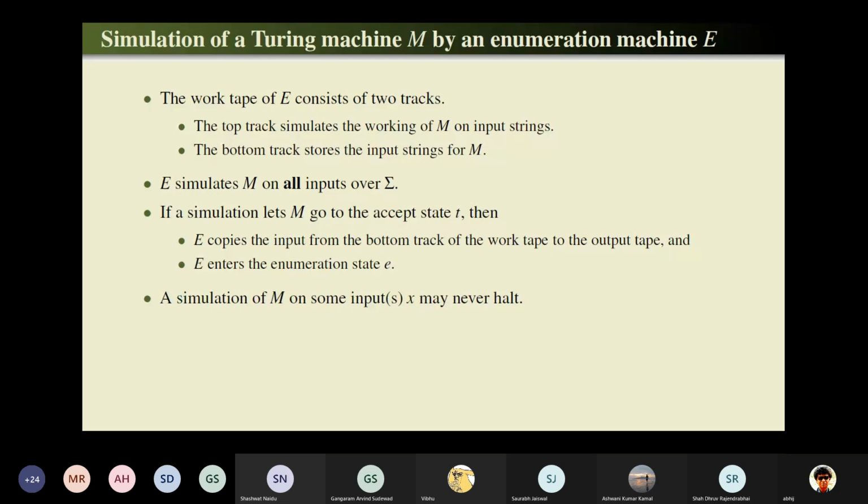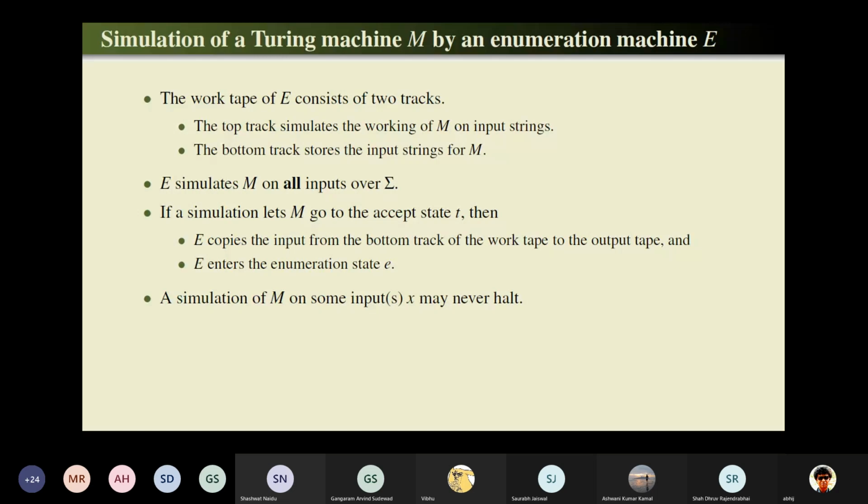One possibility is it will write an input on the bottom track and simulate on the top track. And if the machine accepts, this will enumerate as I have mentioned. But I am not given the fact that M is a total Turing machine. It is not bound to halt on all possible inputs.